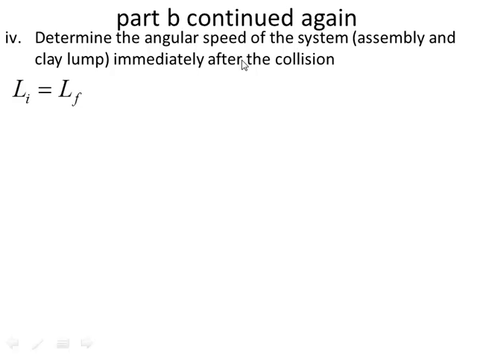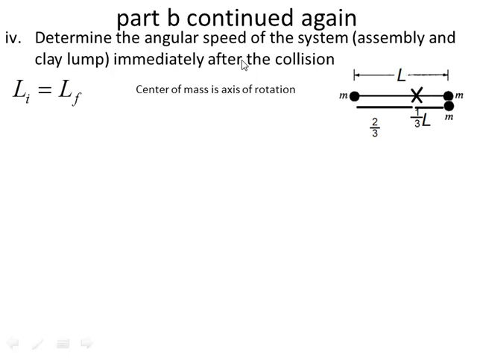An object can have an angular momentum relative to a point that's not in its path. So that's what's happening with that clay blob. The center of mass in this case is the axis of rotation. So this clay blob is originally 1/3 L away from the axis of rotation.